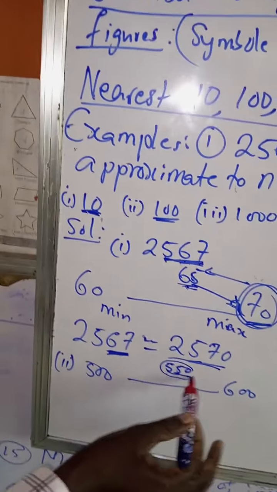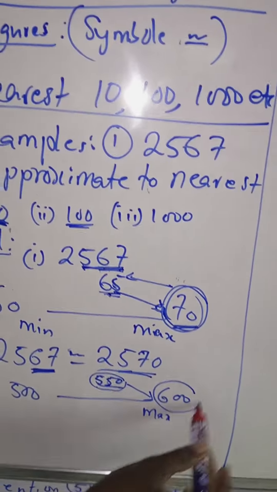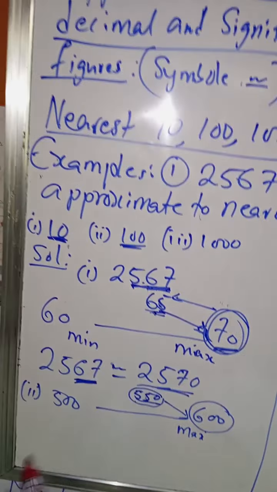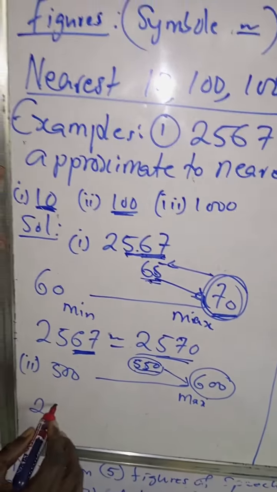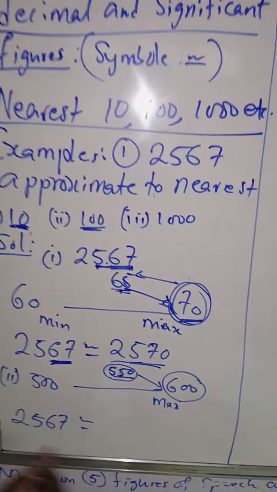Once it's up to this, I move to the maximum. Now I use 600 to replace this number. Therefore, 2,567 is approximately equal to 2,600.